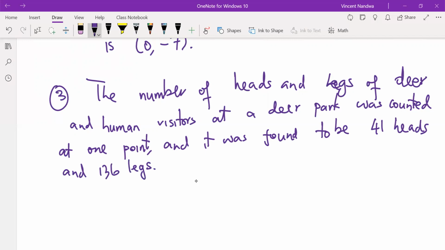So the number of heads is 41, the number of legs 136. Calculate the number of deer and people who have visited the park.